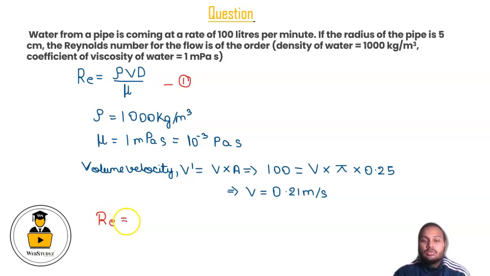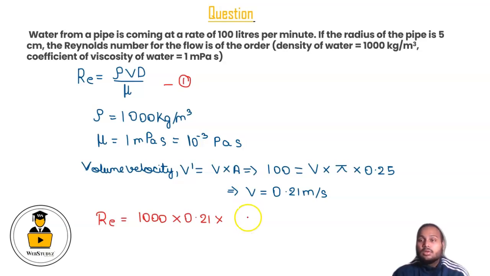So Re equals rho, rho is here 1000, into V, V is 0.21, into D, that is diameter.